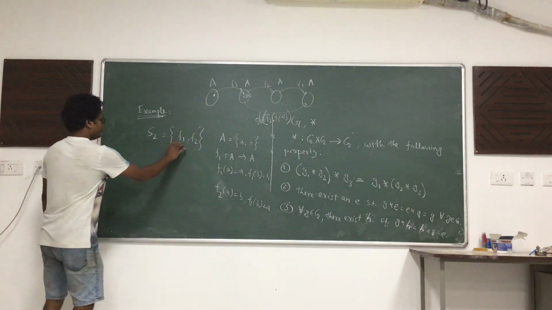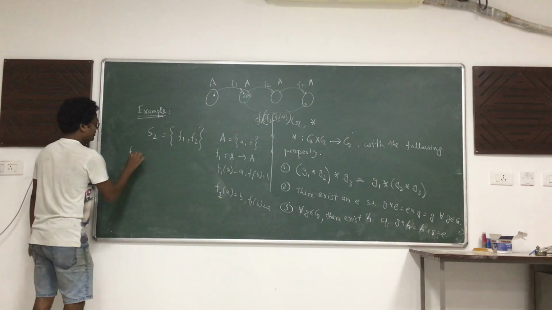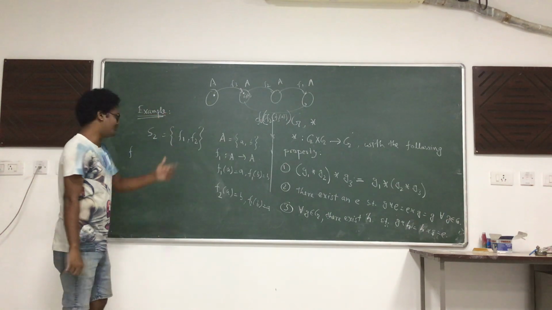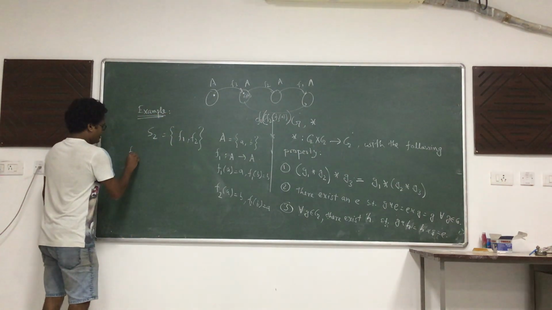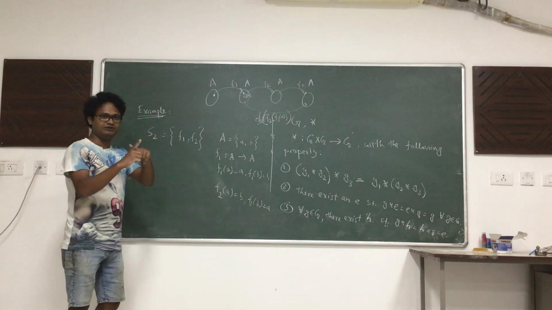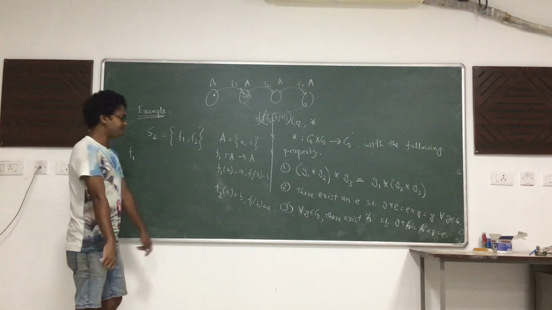Now let us check all the possible multiplications, the binary operations under this composition. For any two elements from S2, I have to have a rule under the binary operation.